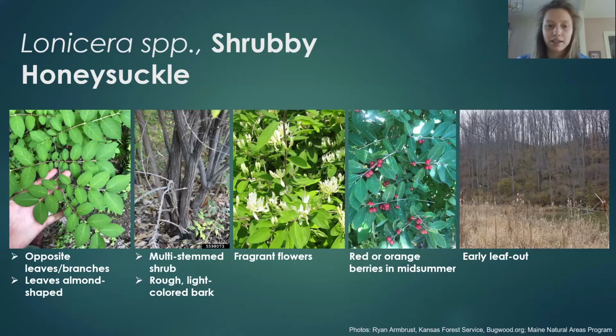Many insects need vegetation to feed on, and most of these invasive plants, or all of them, really do not provide significant food for our native insects and other fauna. So that is something to really keep in mind when thinking about these plants, that just because you see a bird eating the berries doesn't mean that you should keep the plant.